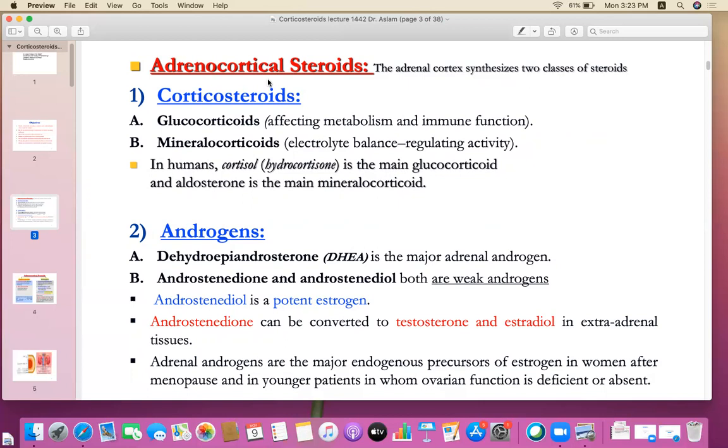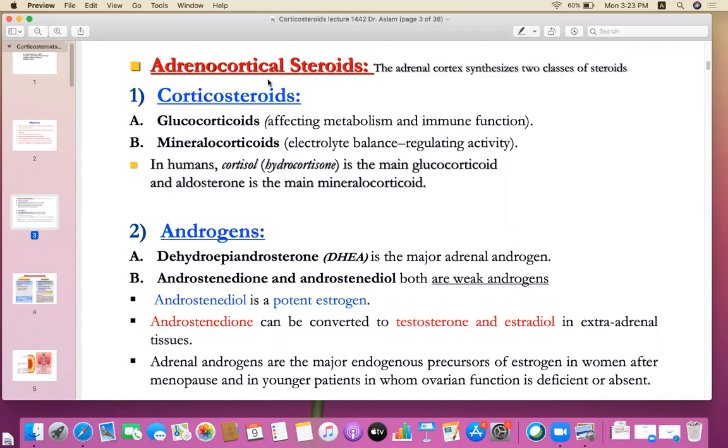We can say adrenocortical steroids, or in simple language corticosteroids. It is categorized into two main subdivisions: corticosteroids and the androgens. Now, what are the corticosteroids?